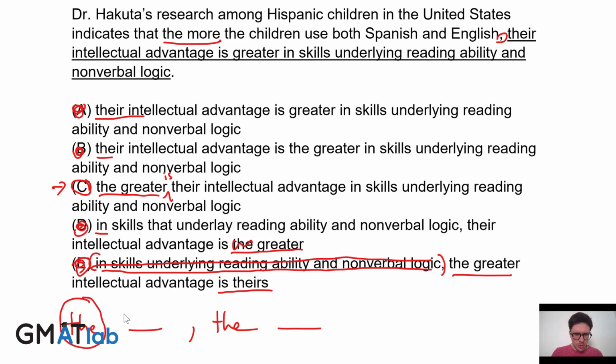So it's the comparative adjective, the something, so this other comparative adjective. And so to understand the structure and to spot it, I've seen it tested in about 2 or 3 official GMAT questions, so it does come up. That's what you need to spot and look out for. Okay, so that's the more the greater.